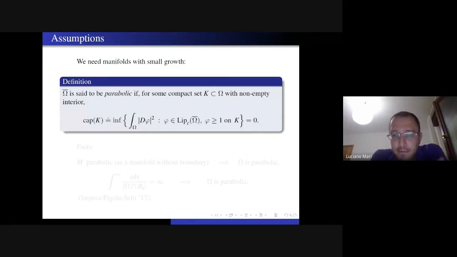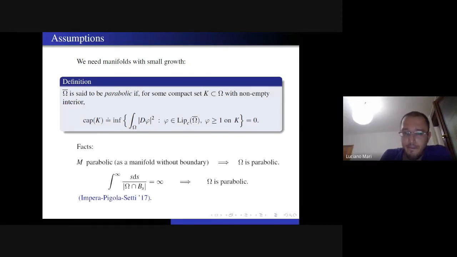The capacity is defined in the very same way as in the case of a boundaryless manifold. Observe that the test functions are not required to vanish near the boundary. So that's why the boundary is taken into account; it's a Neumann parabolicity, okay?